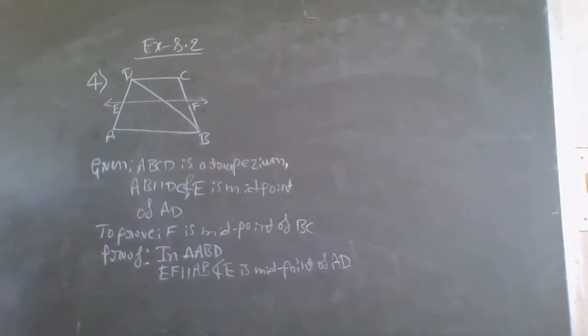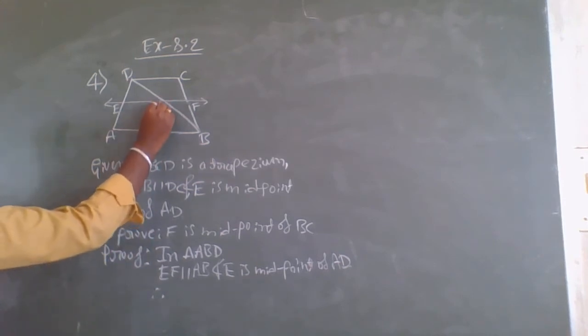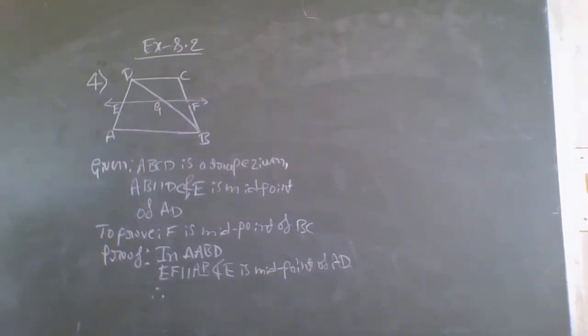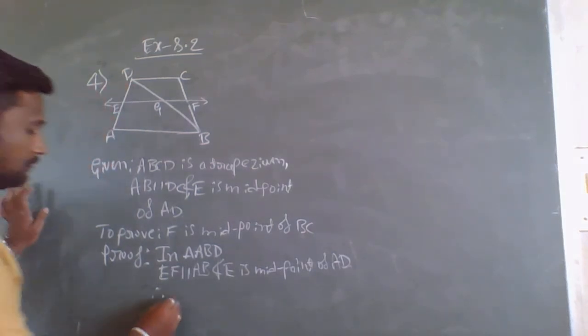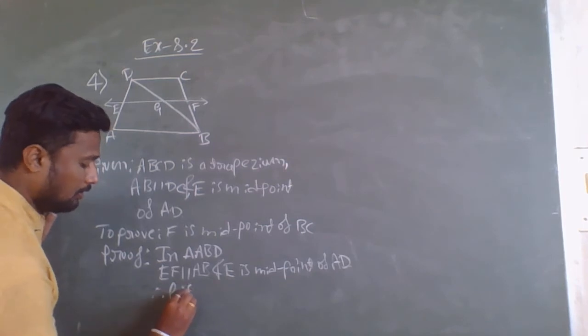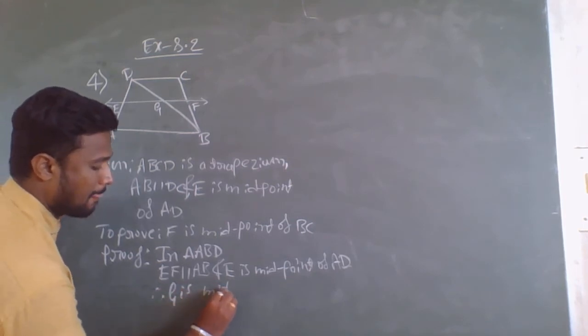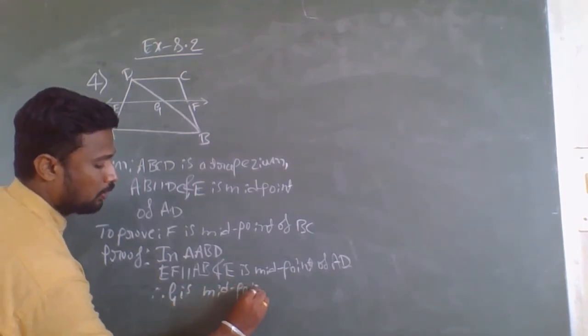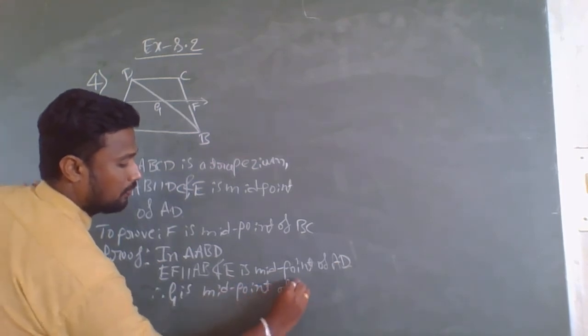So now you can write, therefore I will consider this point as G. Therefore, G is the midpoint of BD.